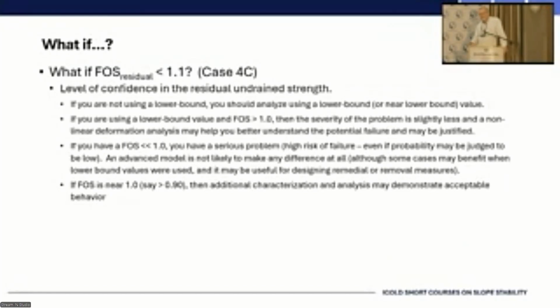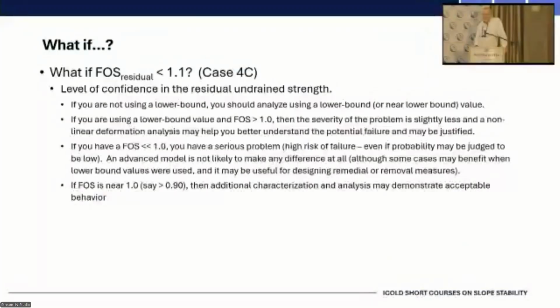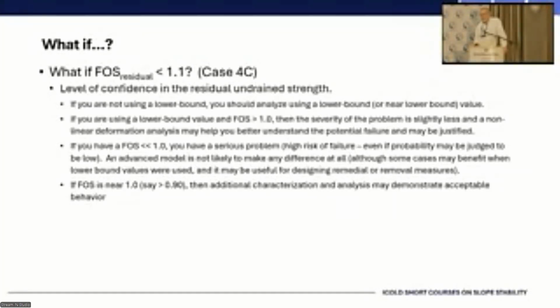If we're using a very conservative residual strength, which would be appropriate for a screening analysis, we might want to say, should we spend some more time doing better characterization of our residual strength? We might need to go back out and do some more CPTs. We might need to do some laboratory testing. We might want to do a critical state analysis, use NorSand, and do the type of advanced analysis that we were just looking at in the previous case histories.